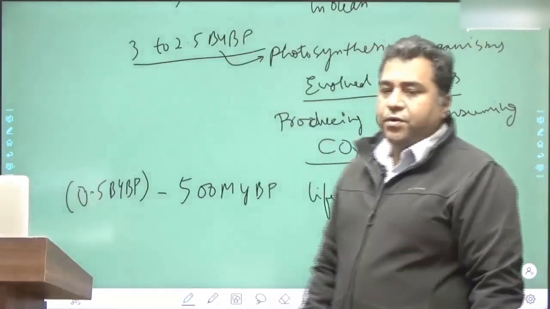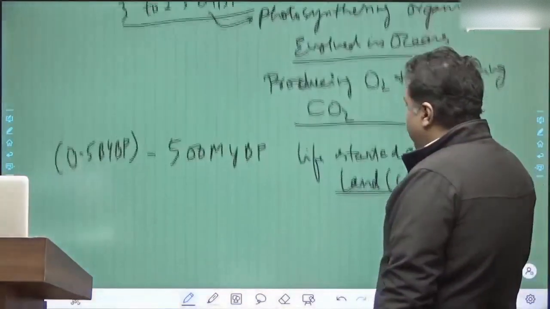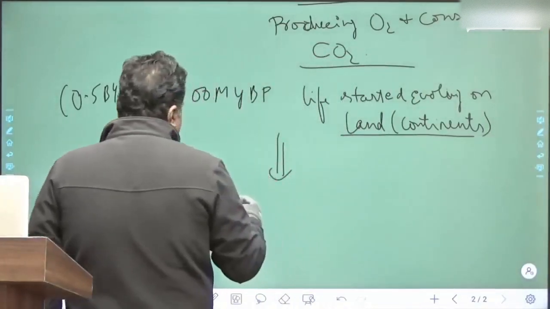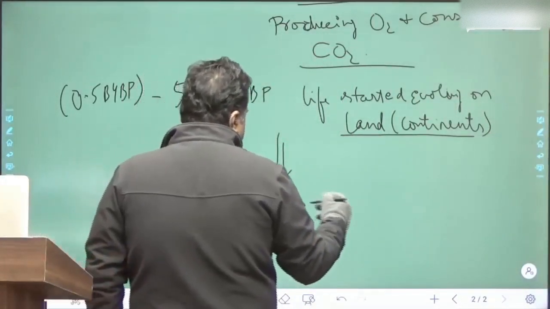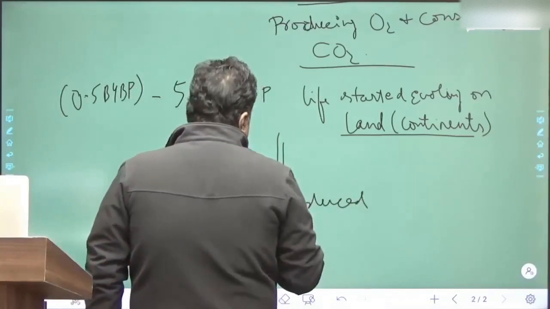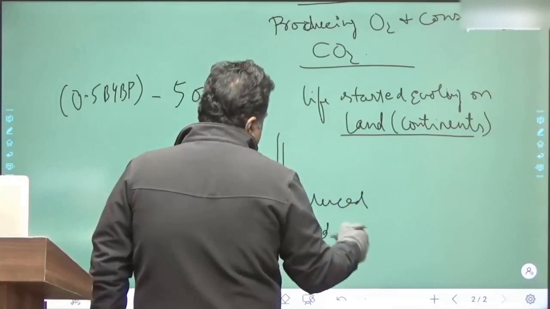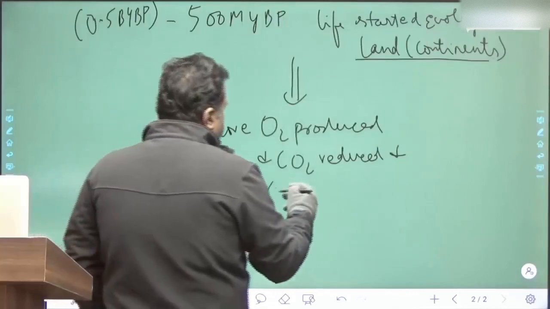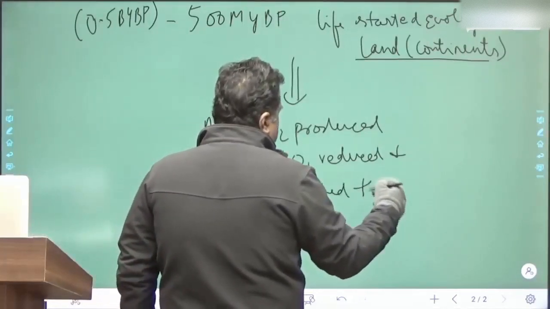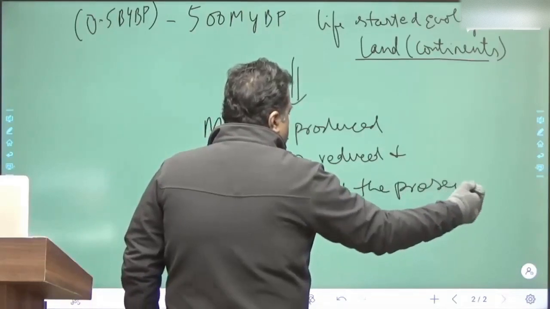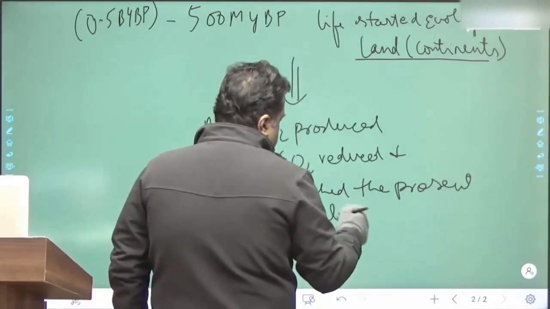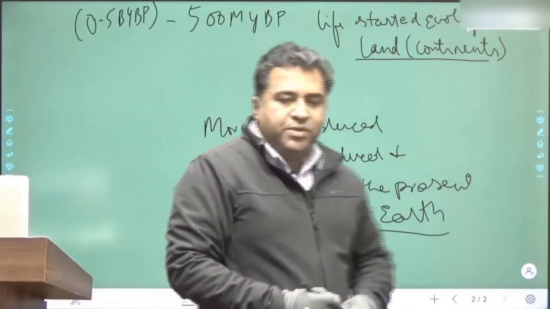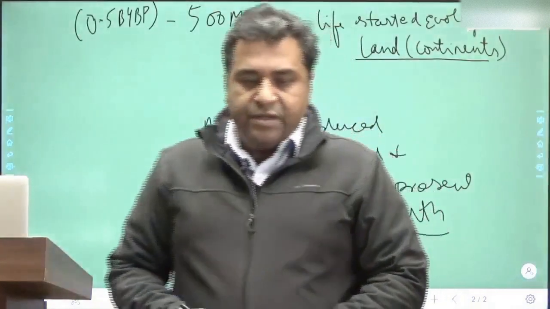So life started evolving on land or continents around this time. And then more O2 produced and CO2 reduced, and we reached the present state of Earth. So this was the whole Earth story that we did, and hopefully this much was clear to all of you.